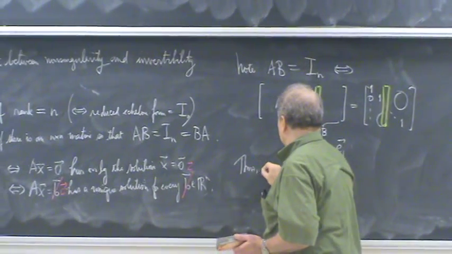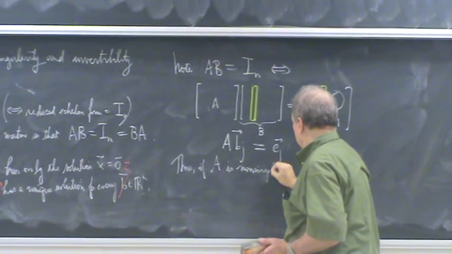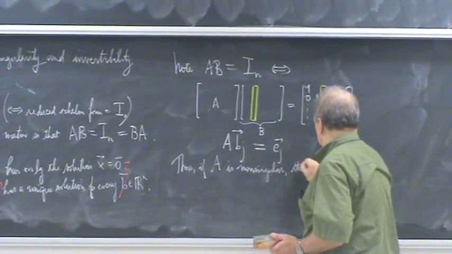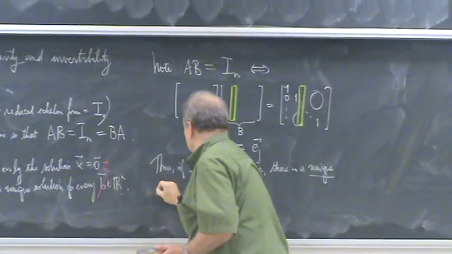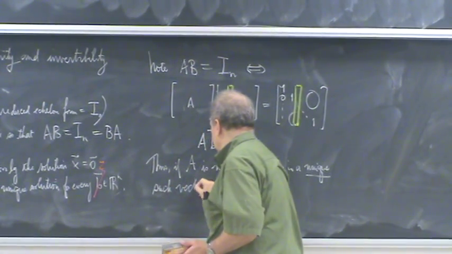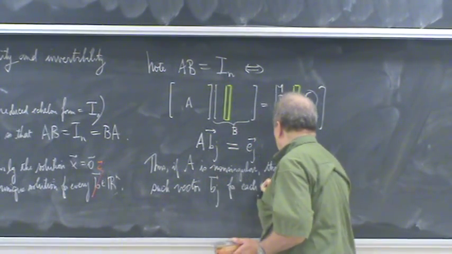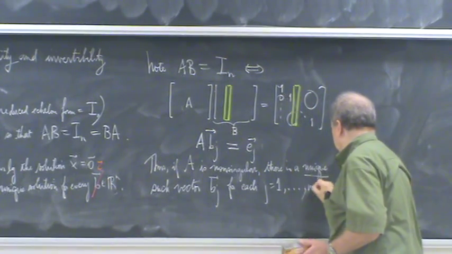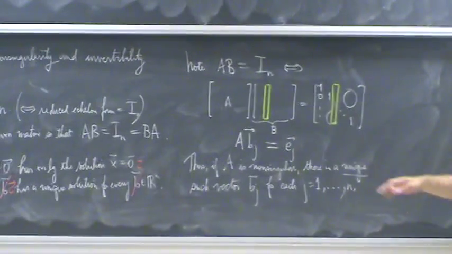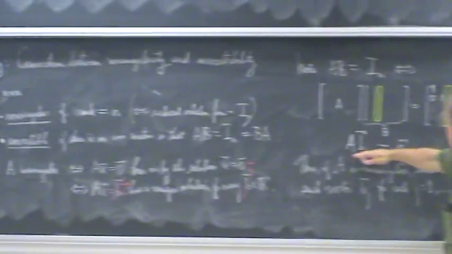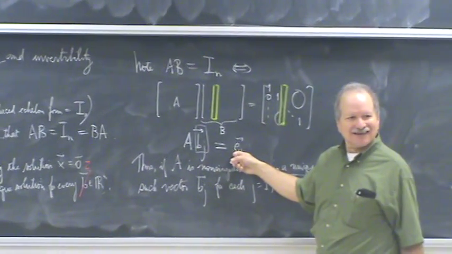Thus, if A is non-singular, there's only one matrix B. There is a unique such vector B_j for each j going from 1 to n. Right? Non-singular tells you you can solve this equation for a unique vector for each of the standard basis vectors.